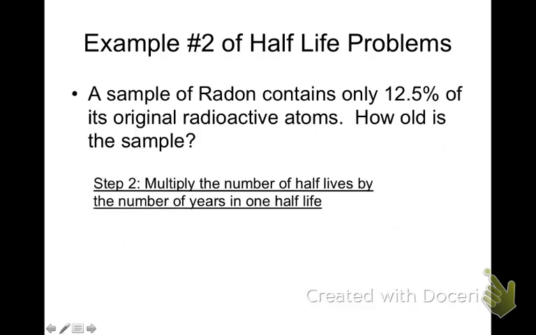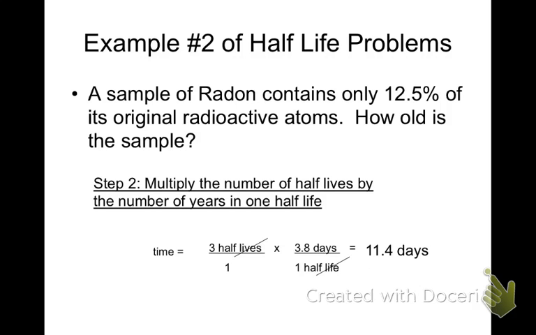So if we have 3 half-lives that have passed, then we know 3.8 days is equal to 1 half-life for radon. Again, that comes from our handy-dandy chart. And so if we multiply those two together, you get 11.4 days. So that sample is 11.4 days old.